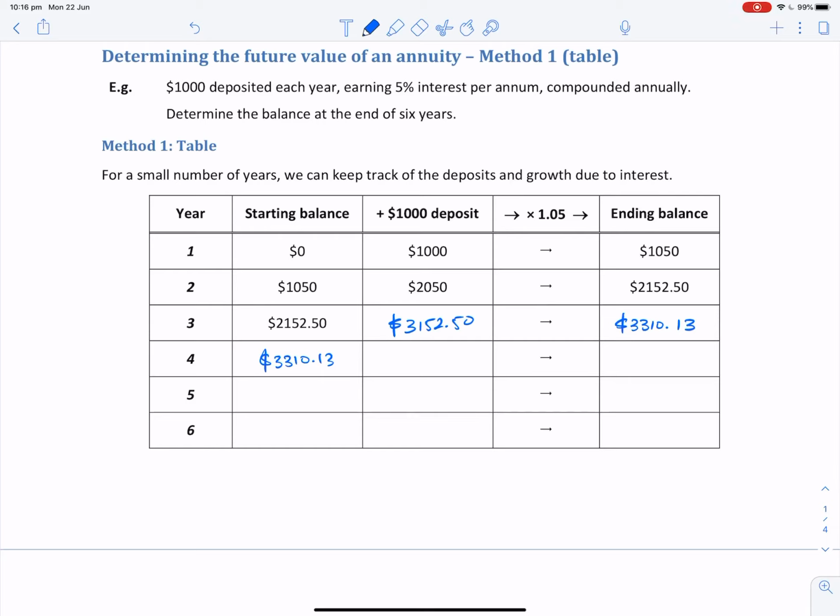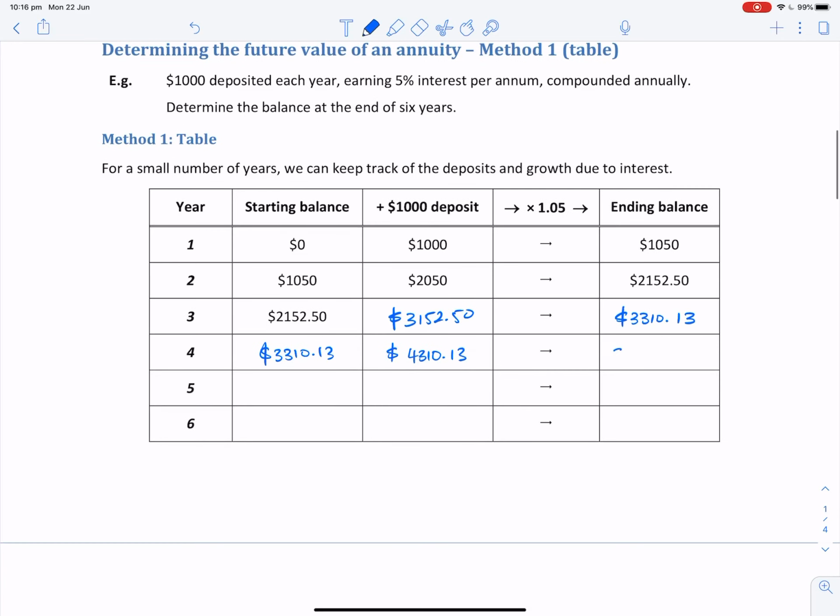I'll use rounded values in my calculator. I know that won't be perfectly accurate, but that's just what I'll do. If we add $1,000 and then apply the interest, and on it goes.